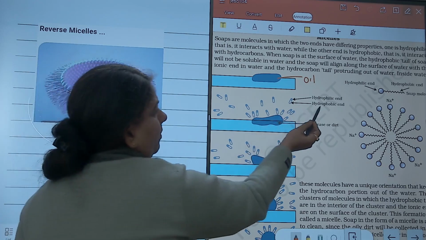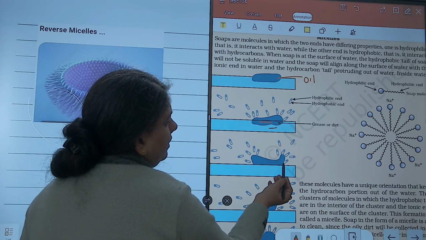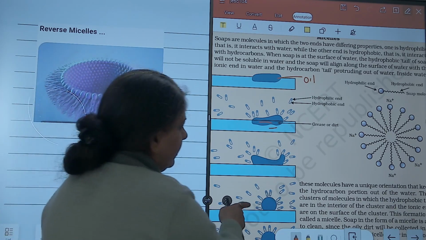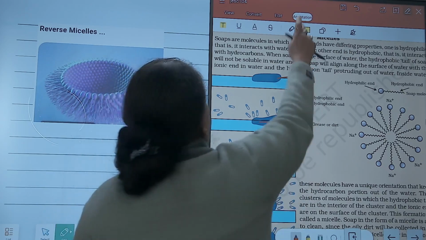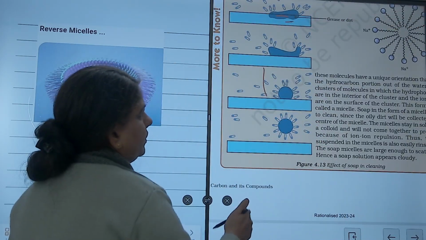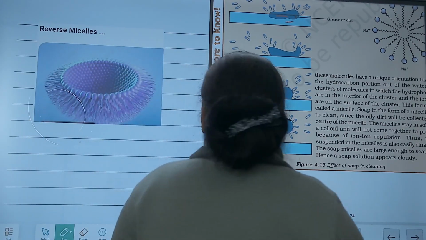So the hydrophobic part will get attached to the oil. See, the hydrophobic part is getting attached to the oil particle, and finally it forms this structure which is called micelle.